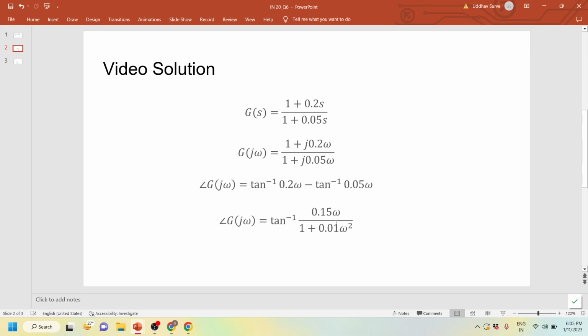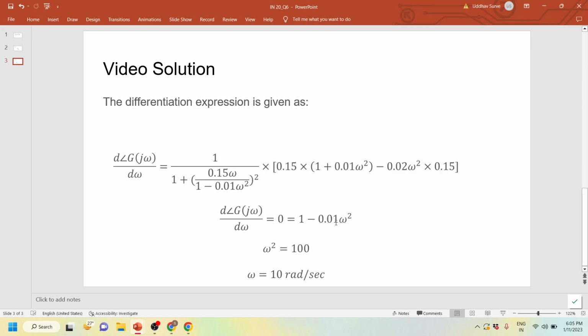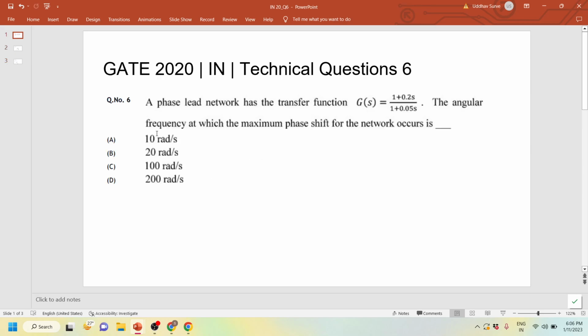Now to find the maximum phase angle delivered by this network, we need to find the ω at which this maximum phase shift will occur.